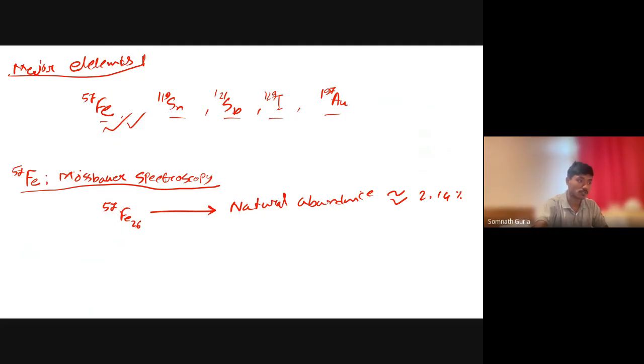The major isotope of iron found in nature is iron 56.